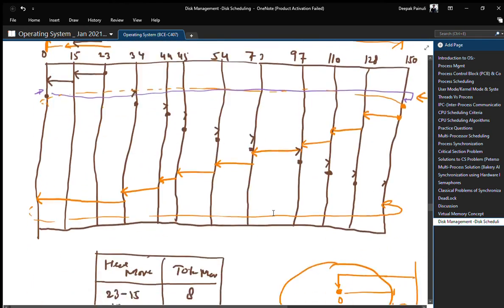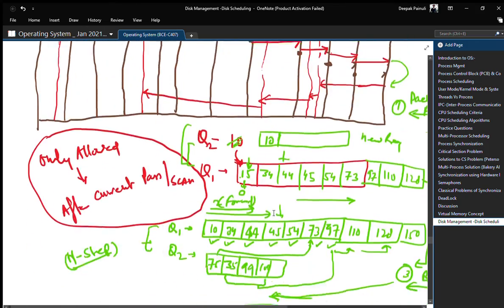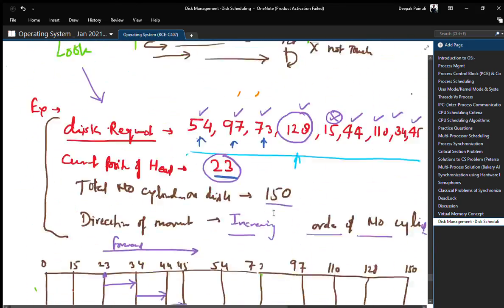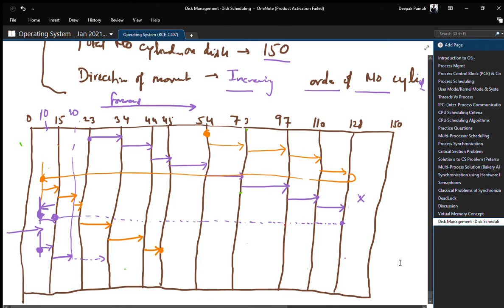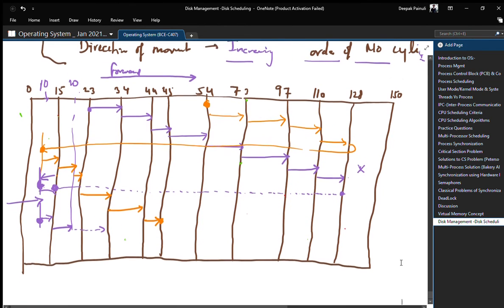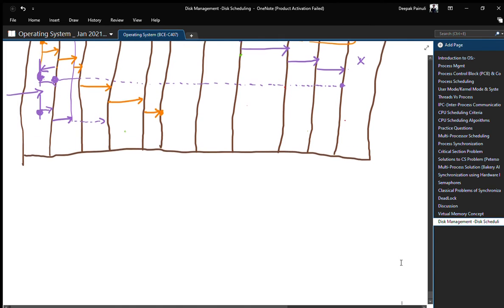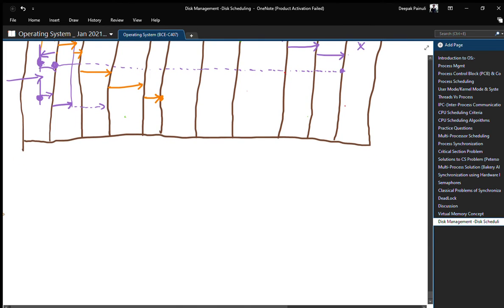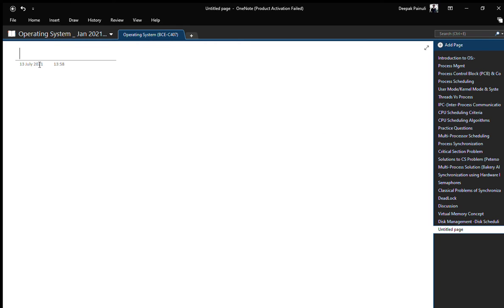Okay guys, so now let us come to one important part of disk management, which is bad sectors. Okay, so we are going to start bad sectors.